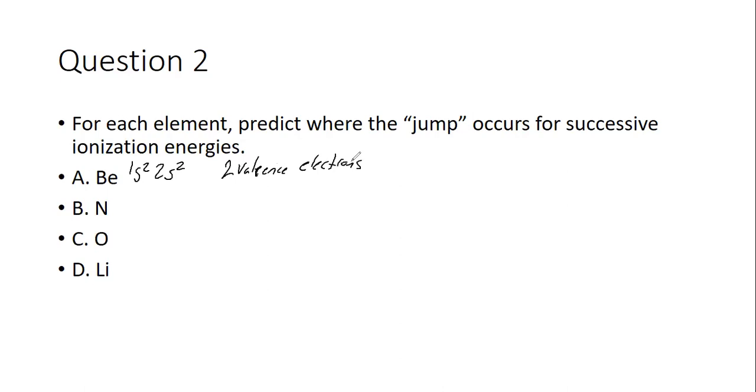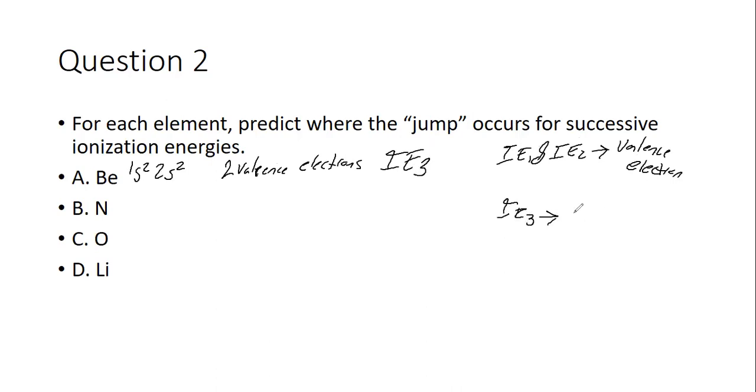Therefore, the big energy jump happens at ionization energy 3, because ionization energy 1 and ionization energy 2 are removing valence electrons. So the energy needed to remove those is going to be much, much smaller than ionization energy 3, which is a core electron.